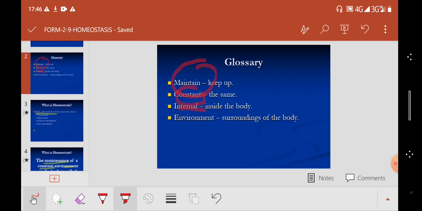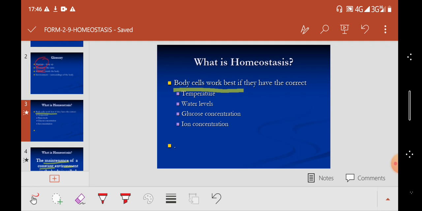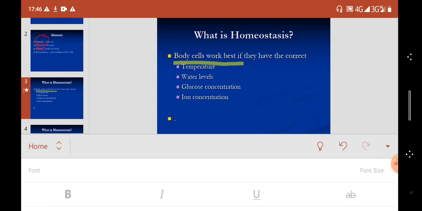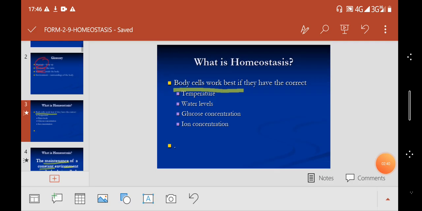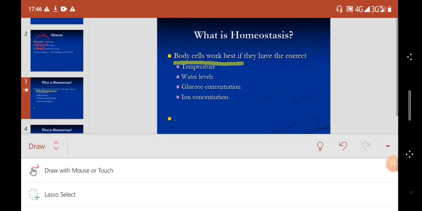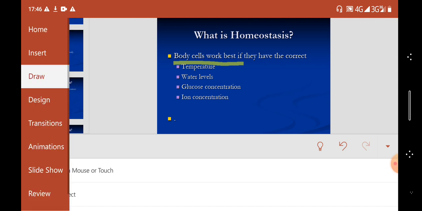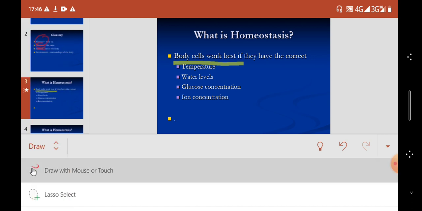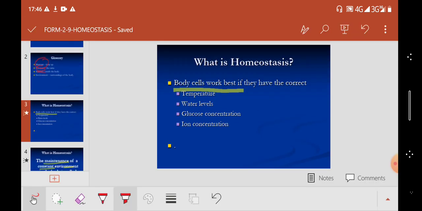Now there are several factors that are kept constant, and these factors all affect all metabolic processes. The first term being temperature, the other one being water levels, or what we would rather call osmoregulation or the osmotic pressure.